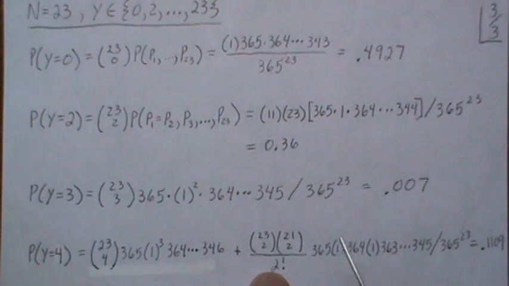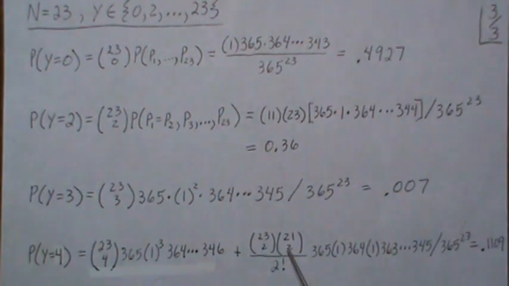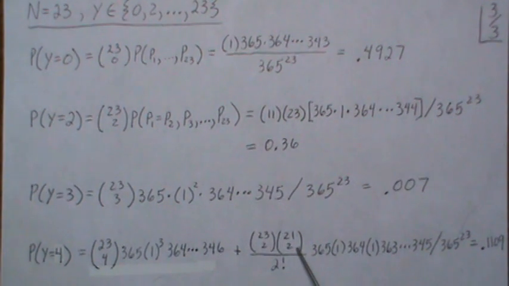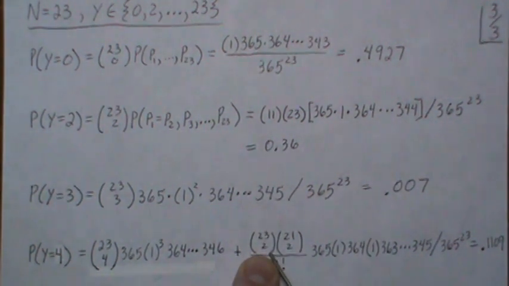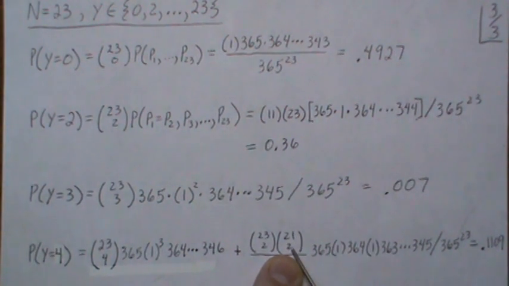Now this is the interesting case. Remember that 2 people have the same birthday and another 2 have the same birthday but different than the first 2. So of the 23 people, choose 2. Of the 21 people remaining, choose 2 to equal. And then because it's symmetric, 2 and 2, there's 2 factorial ways to arrange these, so we have to divide it out.